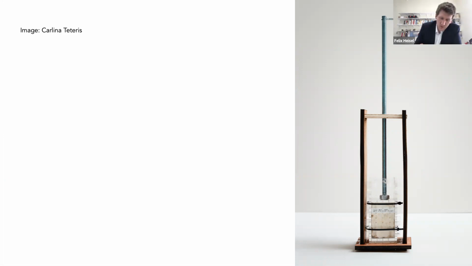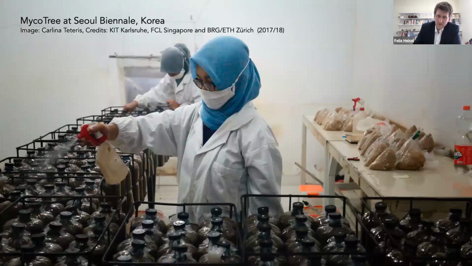Probably the most known prototypology in the series is our contribution to the Seoul Biennale in 2017. And that had a different scale, right? So we couldn't do this in the lab anymore, making little bricks like I just showed you before, but we outsourced part of the production to a farm in Indonesia.